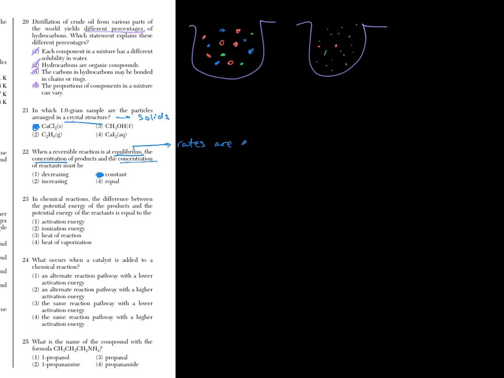So rates are equal and concentrations are constant, then you're at equilibrium. Because with an equal rate going backwards and forwards, you're able to keep the same amount being produced and the same amount being used up.